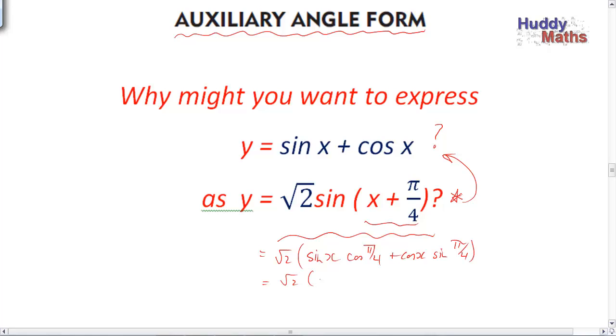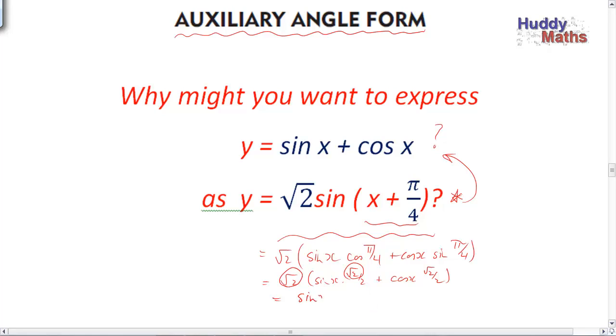So this is root 2, sine x cos of pi on 4 is root 2 on 2, cos x, and then sine of pi on 4 here is also root 2 on 2. Multiplying by root 2, you get root 2 by root 2, we'll just make it simpler here, I'm running out of room. So here what we could say is root 2 by root 2 is 2, over 2 is 1.